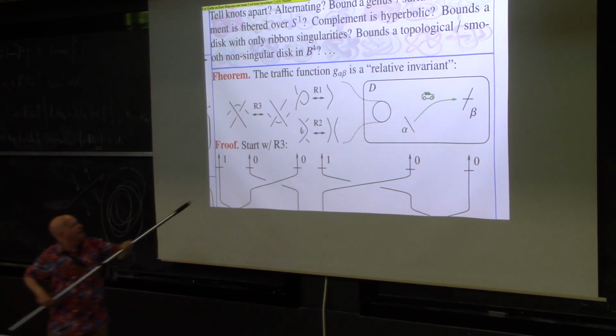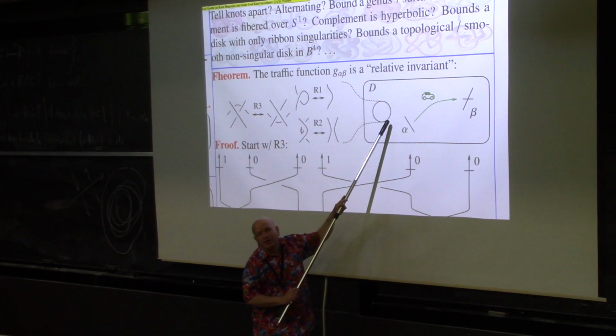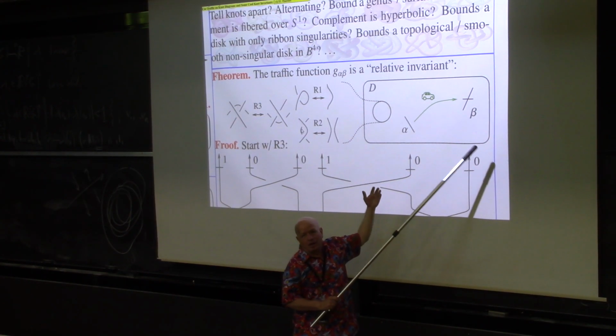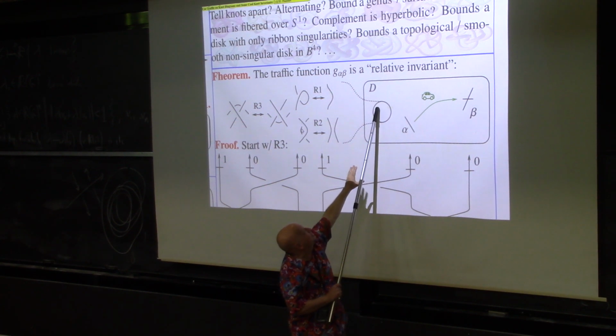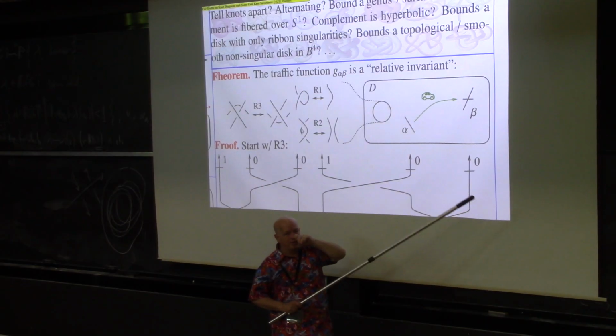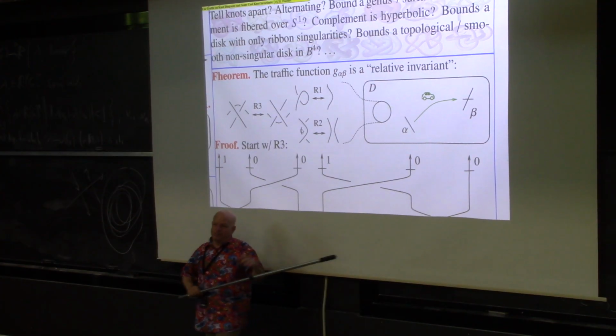So basically we have shown that doing a Bar-Natan 3 move over here will not change G alpha beta, so long as this Bar-Natan 3 is away from alpha and beta. Inside the Bar-Natan 3 move, things get changed, but not outside. Okay?